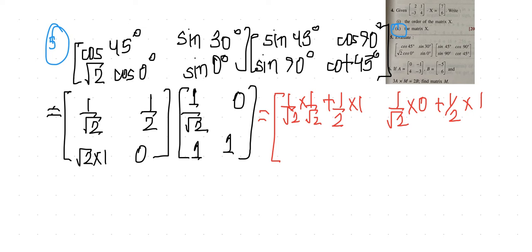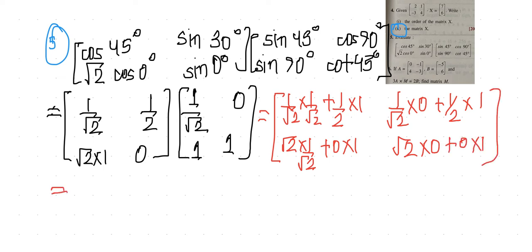So then what you are going to get, root 2 into 1 upon root 2 plus 0 into 1, then root 2 into 0 plus 0 into 1. So this in turn is equal to what, children?